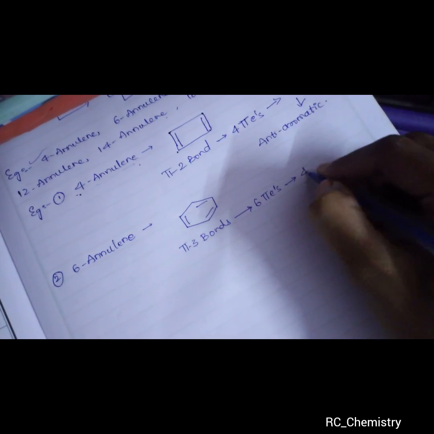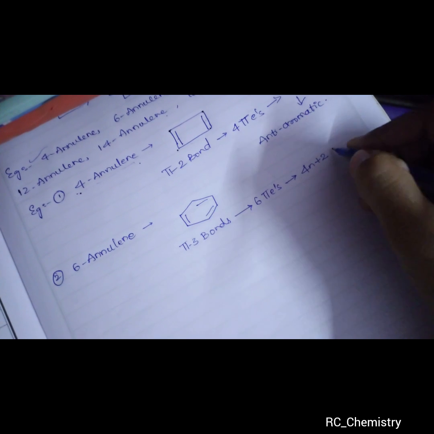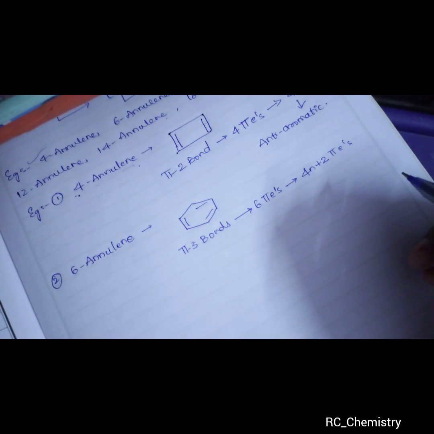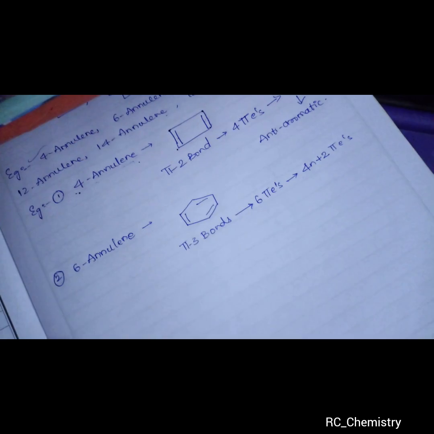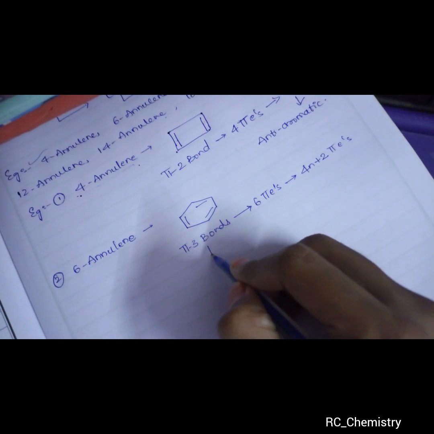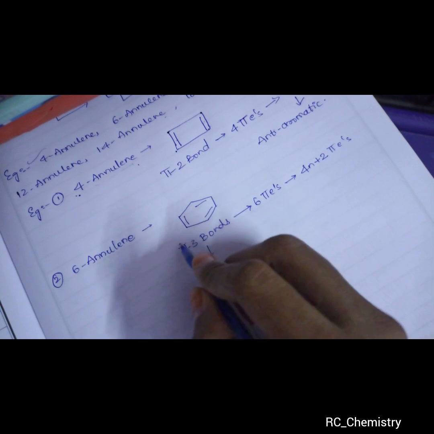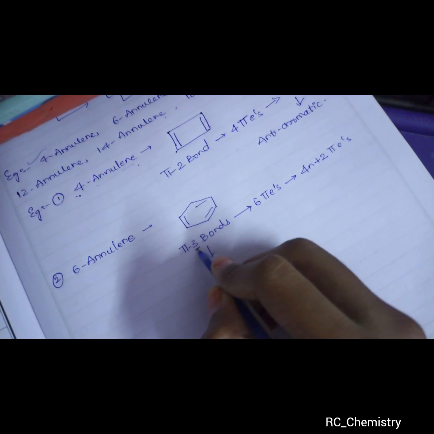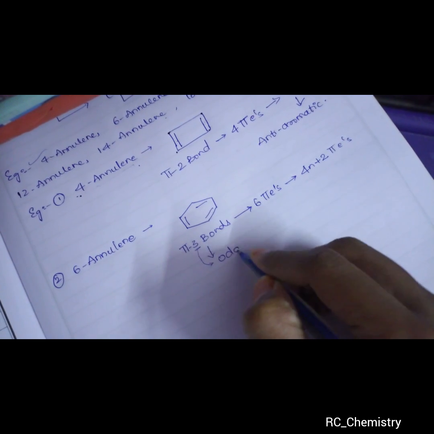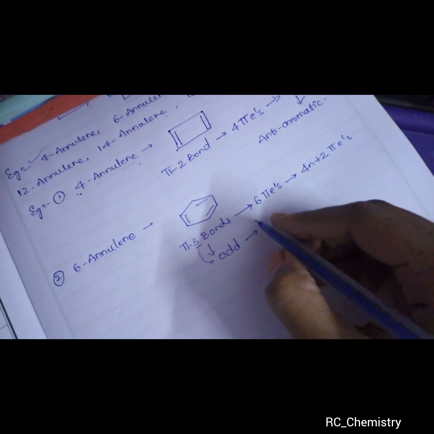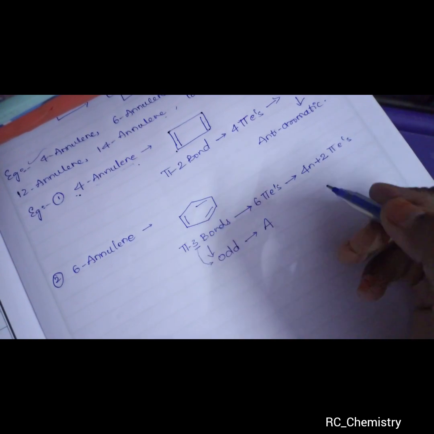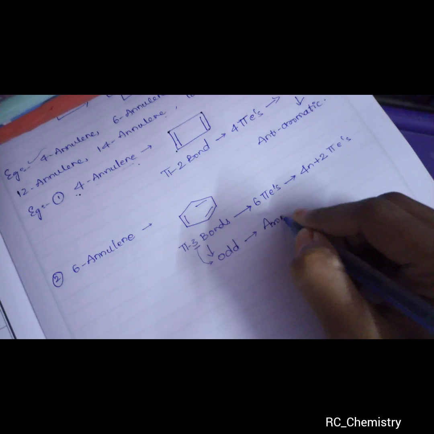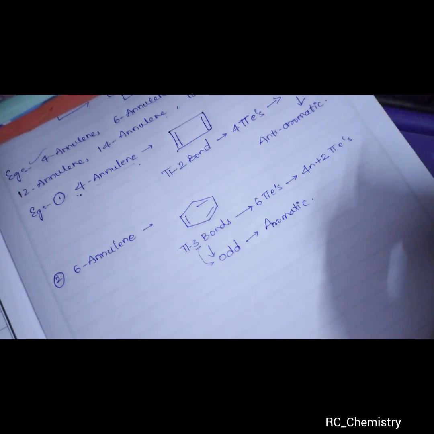That means it is following the 4n plus 2 pi electron rule. Now, as we know, the total number of pi bonds is 3, which is an odd number. From this conclusion, we can say that benzene, which is 6 annulene, shows aromatic character.